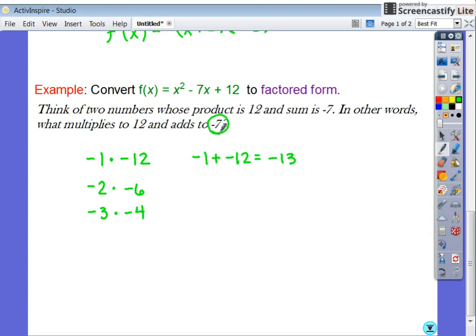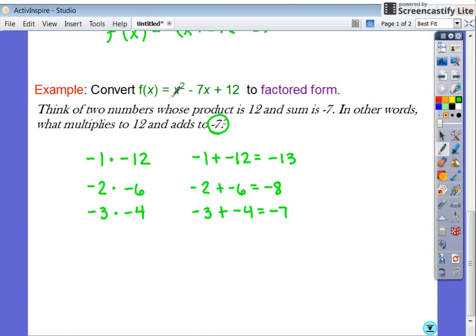So I'm going to keep going. Negative 2 plus negative 6 is negative 8. Still don't have negative 7. So my last one, negative 3 plus negative 4 gives me negative 7.